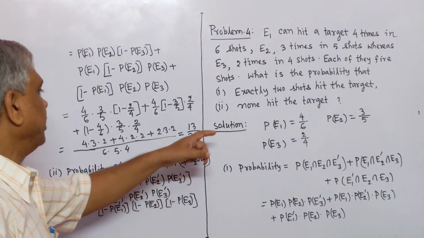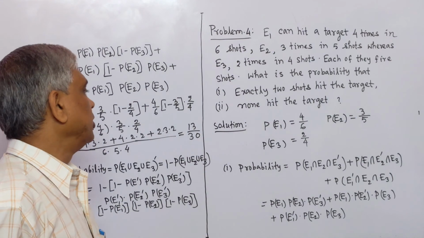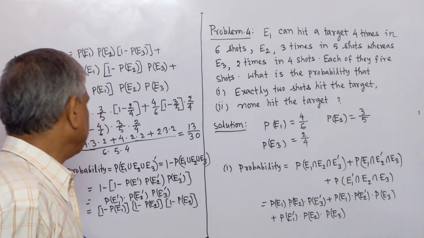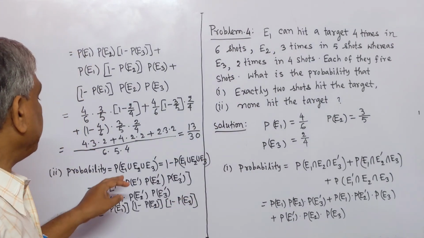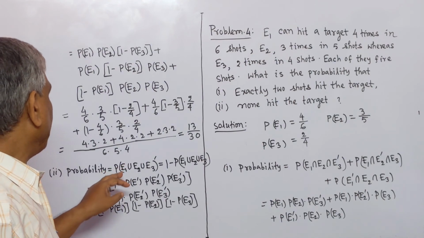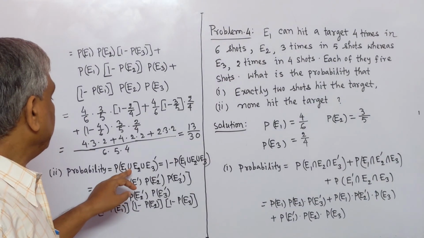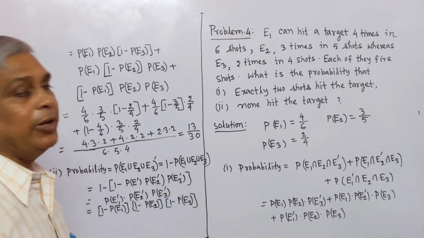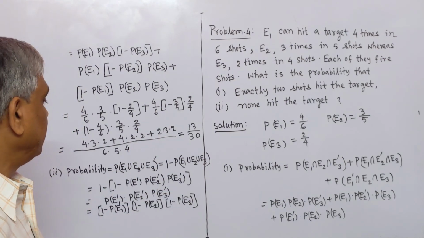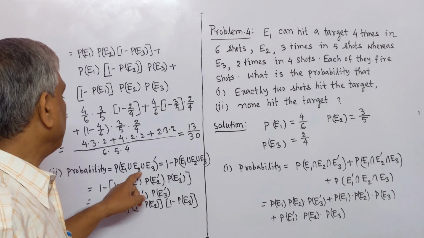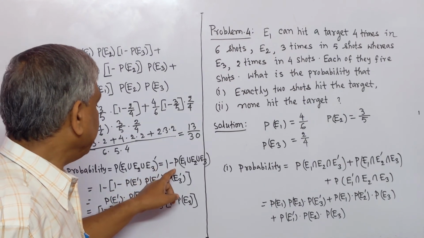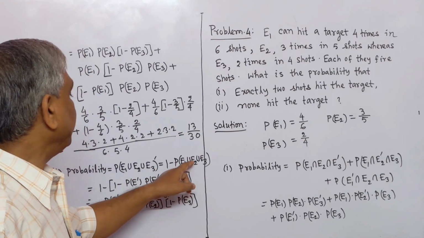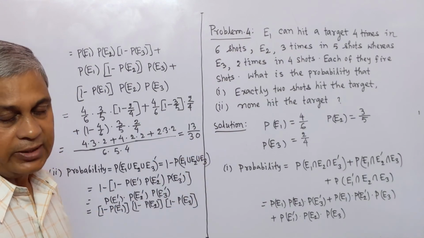Now we solve number 2. None hit the target means probability of (E1 union E2 union E3) complement. That means 1 minus P(E1 union E2 union E3).